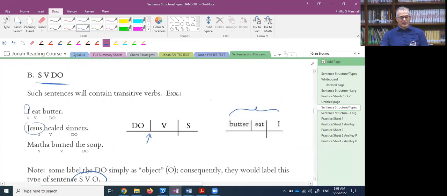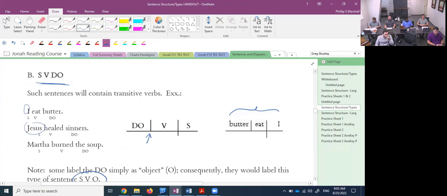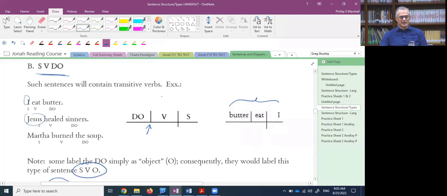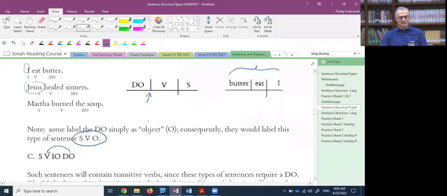It's required. If I say Jesus healed and I don't say sinners, then I feel like there's something incomplete. If I say Martha burned, but I don't say the soup, then you're waiting for the object to come, because to you, the verb doesn't sound complete yet in its semantic structure until that object arrives.